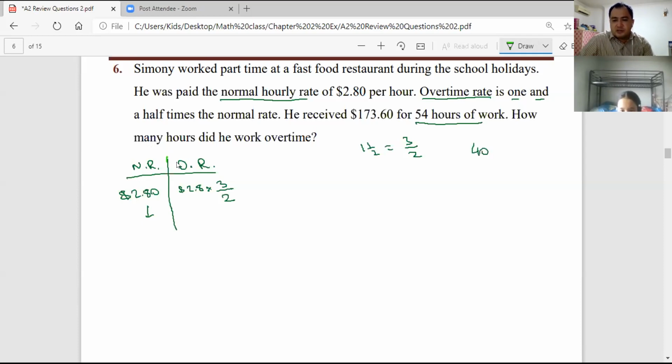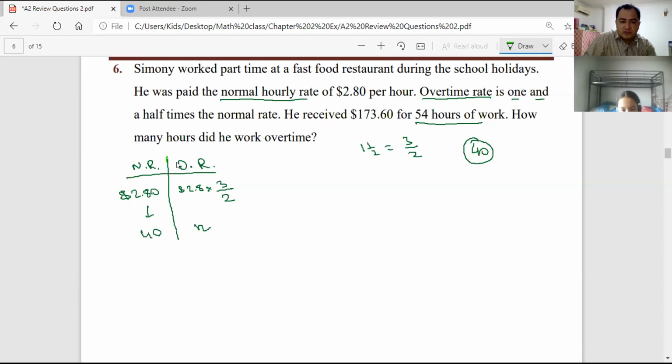Of course it depends on the country, but in most countries normal hours in a week is 40 hours. So normal hours is 40. And how many overtime hours did he work? I don't know. Let's say it is n.